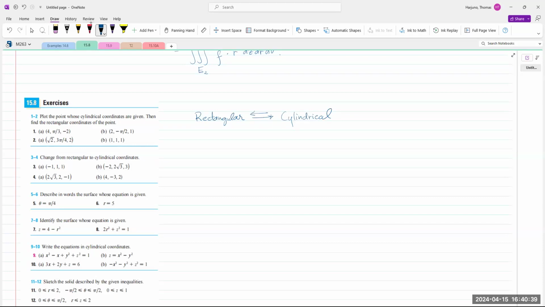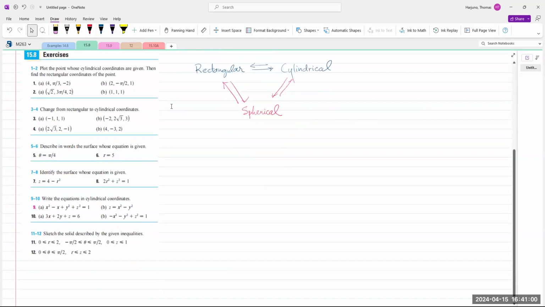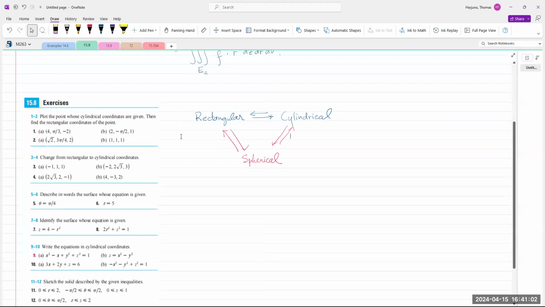In 15.9, the foundation will be from rectangular to spherical, and spherical to cylindrical also. Anyway, I will not go over this anymore. I assume you know this. Otherwise, we will do some problems. We will pick this up along the way. But in my suggested homework later on, I will ask you to review, to do some problems from here.